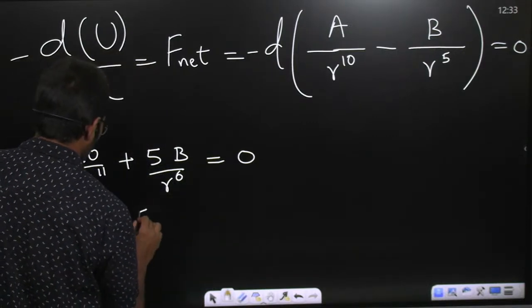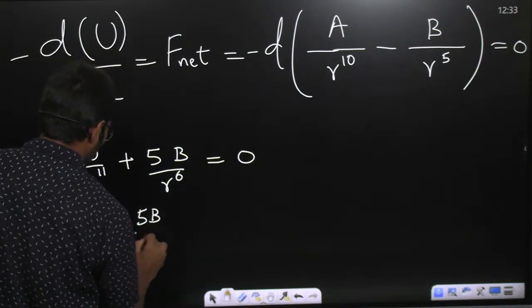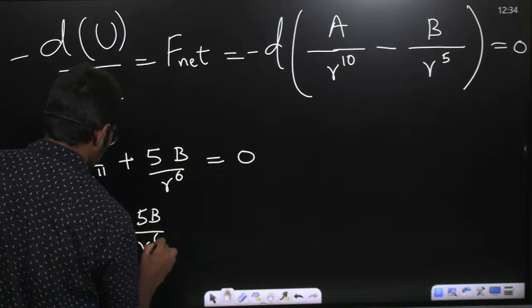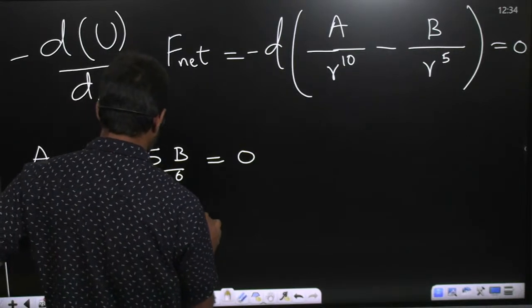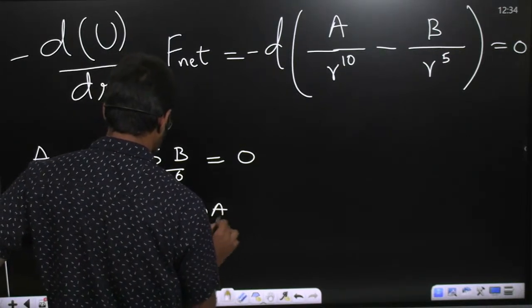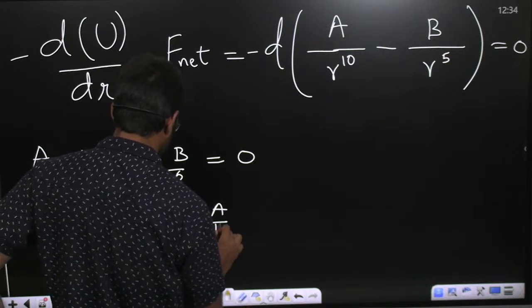So 5b by R power 6 is equal to 10a by R power 11.